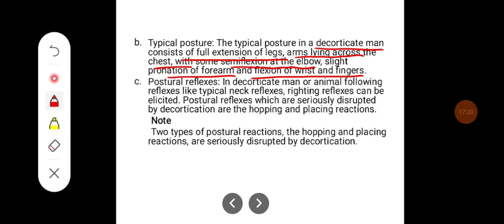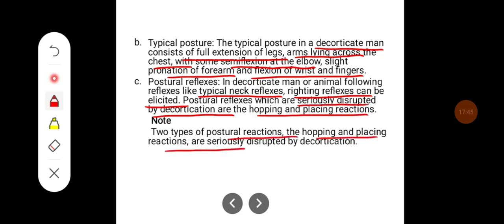Among the postural reflexes in the decorticate man, typical neck reflexes and righting reflexes can be elicited. Postural reflexes which are seriously disrupted by decortication are the hopping and placing reactions.